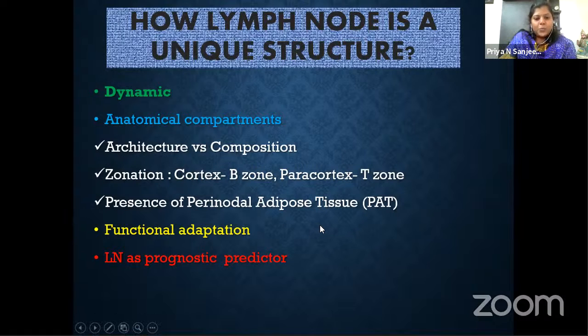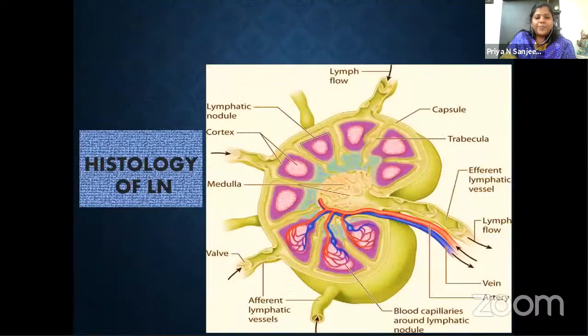A lymph node responds to a neoplastic cell and sets in a metastatic environment. So there is always some reconstruction and remodeling happening within the lymph node. And lastly, as we all know, lymph node metastasis is an important prognostic determinant in oral squamous cell carcinoma. So all these points make the lymph node a unique structure.